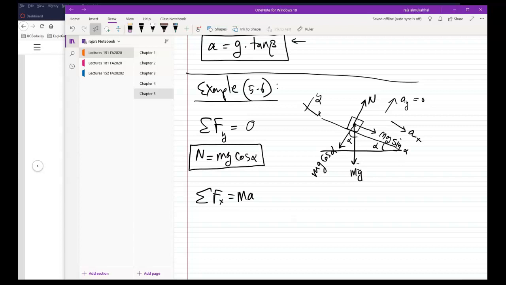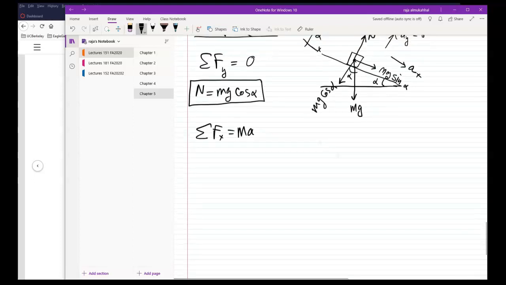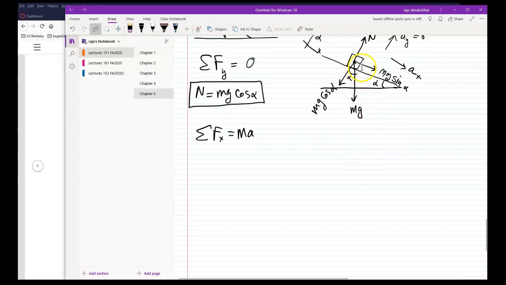Now along the x-axis, I have only one vector right there, and it's in the positive x direction. So that's going to be plus mg sine alpha equals ma. See what I'm saying?